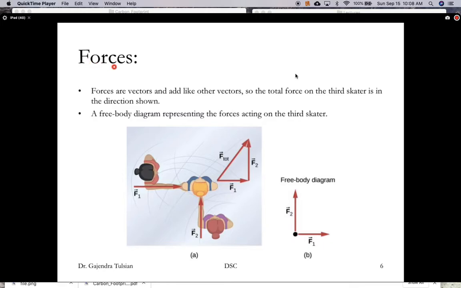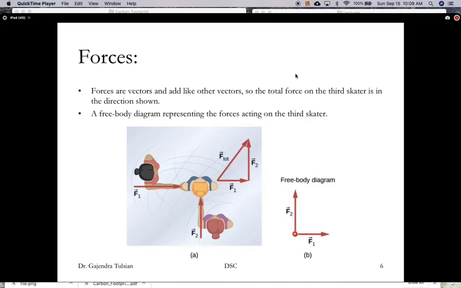All right, Newton's first law said if no forces act on an object, its velocity will remain constant. So if you apply a force on an object, its velocity will change. In this diagram, these two people are pushing her, and in physics, we like to draw just the essentials.